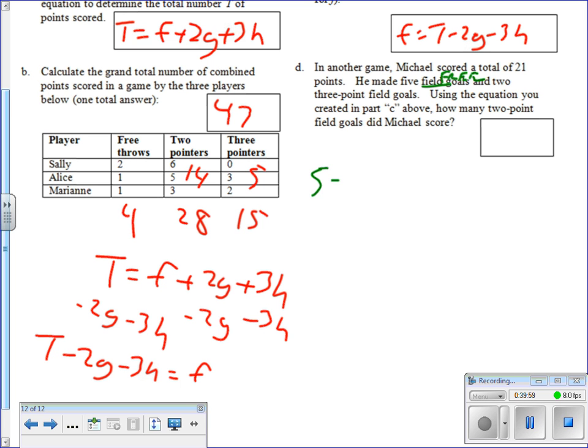So 5 equals 21 minus 2G minus 3 times 3. Although that won't work out either. And I got a typo in there. I can't remember what my typo is now.